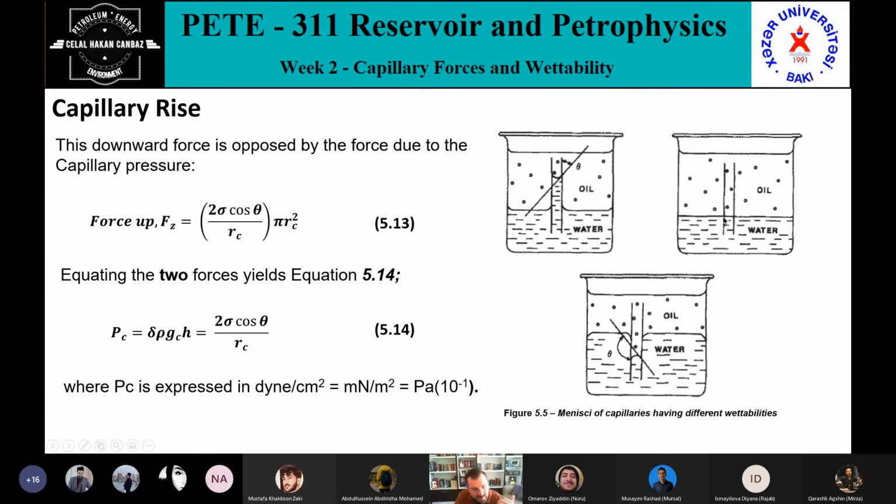The solid surface behaves the same to oil and water. Because of that, you will not see any concave or convex behavior, or any pressure differences. So the preference of your capillary tube surface is the same to oil and water.